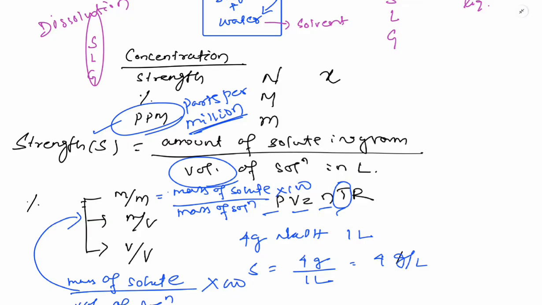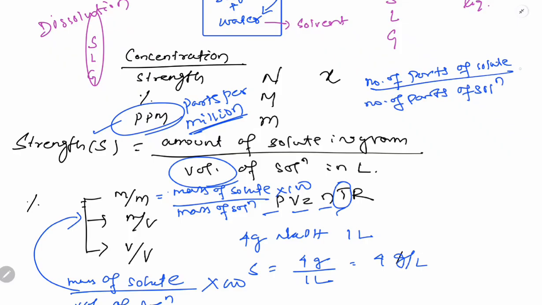So we can say that number of parts of solute divided by number of parts of solution into 10 to the power 6. This is our ppm formula. For very minute particles, or a solution containing very low concentration of solute, we will follow ppm.